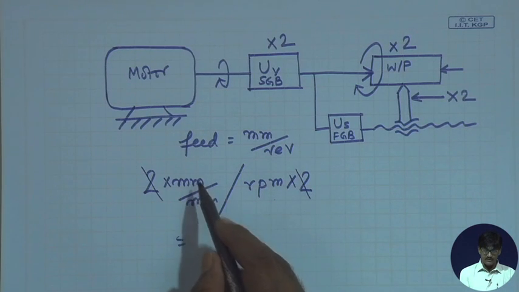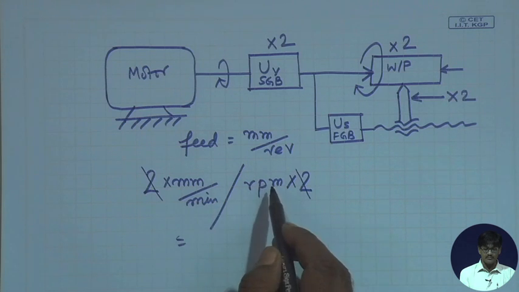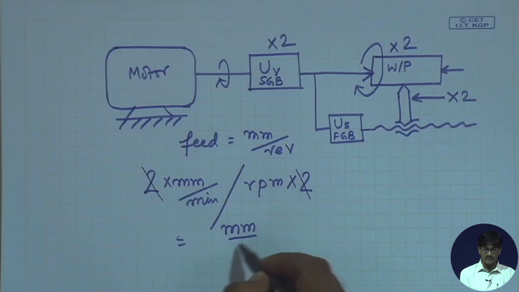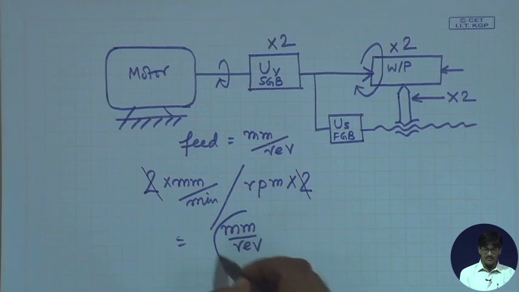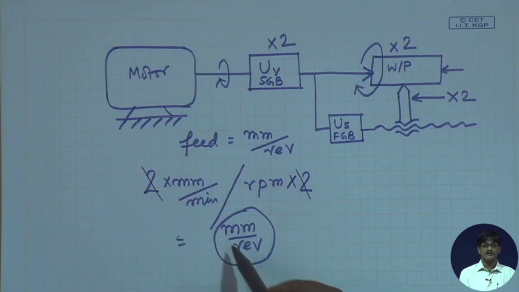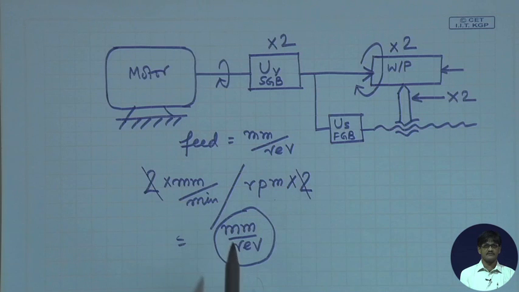Therefore, per minute will cancel, and you will have millimeters per revolution, same as before, no multiplying factor is remaining. Therefore, we say that the feed is not affected.